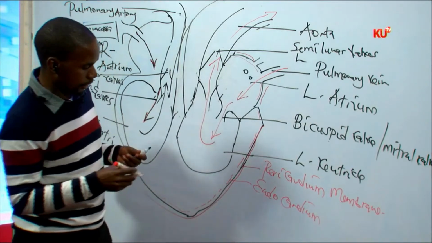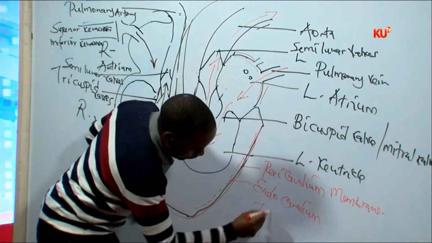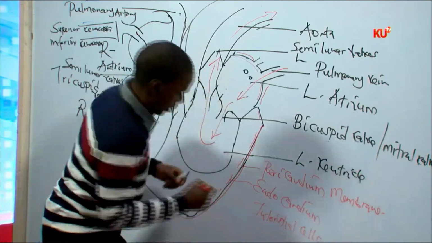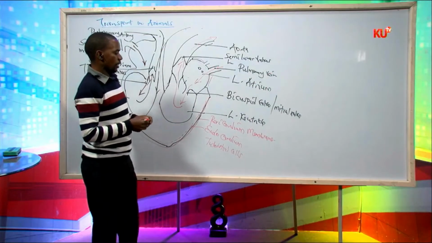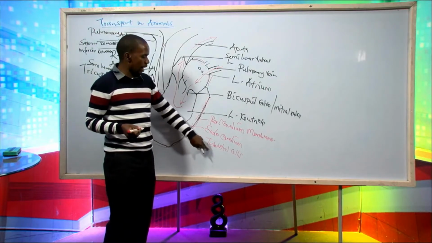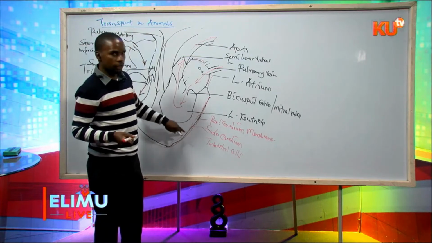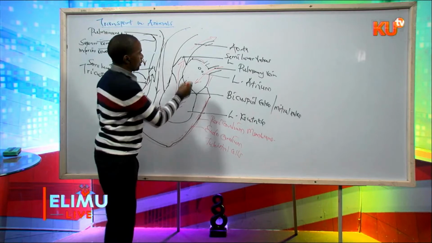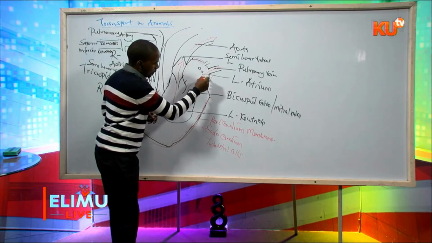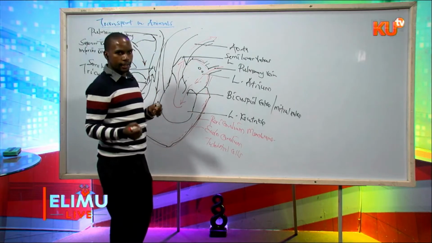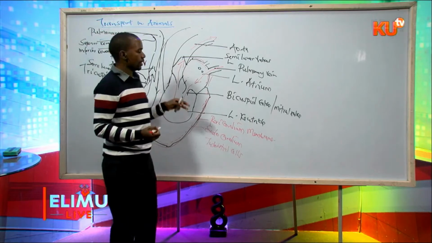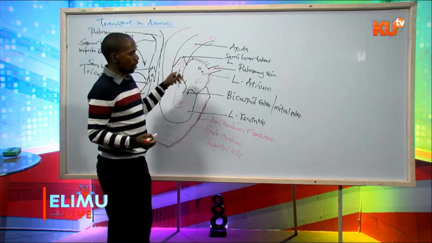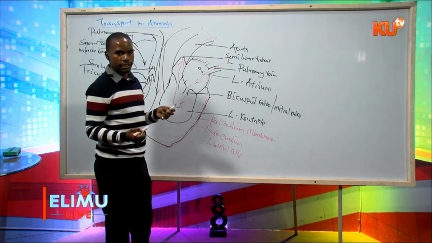Now, the inside of the heart is covered by this particular membrane, and this membrane has what we refer to as interstitial cells. These cells have cilia, or they are ciliated. They are on the inside. So they are ciliated to ensure that the blood moves inside the heart without causing any turbulence.